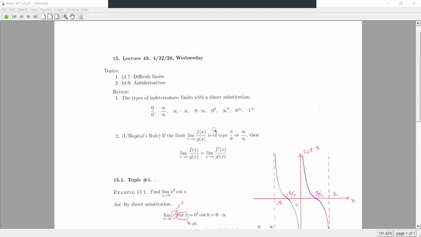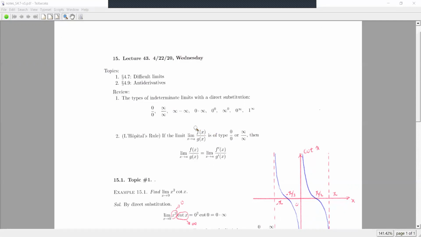Suppose we want to compute this limit and we use direct substitution. Plug in A in X, and suppose we get 0 over 0 or infinity over infinity. In this case, this limit is a difficult limit.